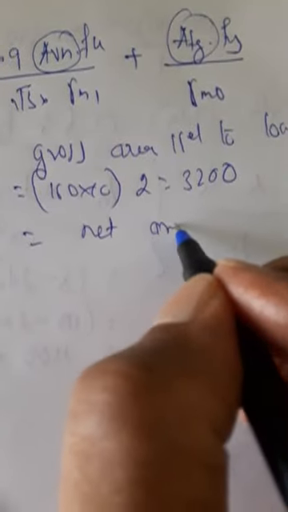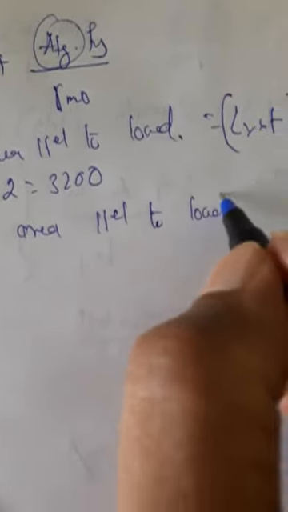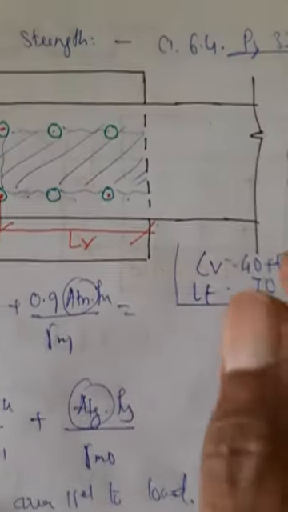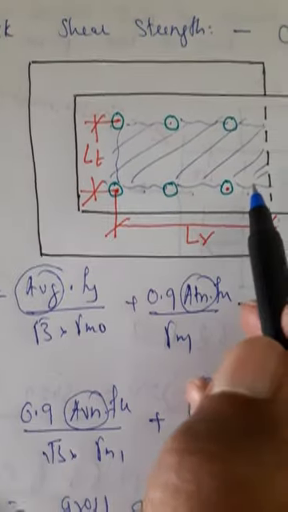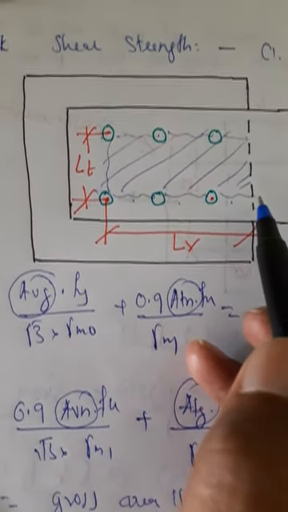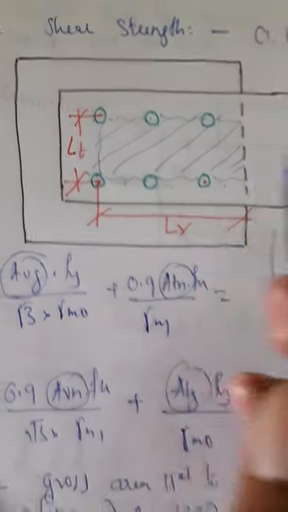Similarly, AVN stands for V is shear, N is net. Net area parallel to load. So net area here I have to subtract the bolts. Now parallel to load is this line. Here there are two full bolts and this is half bolt.